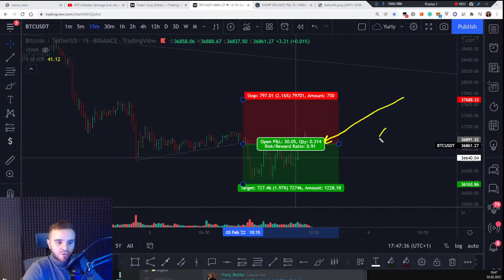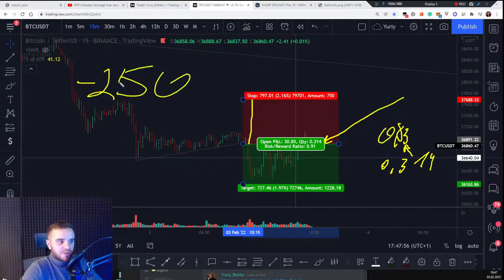That means in the first case we open short with 0.83 and at this moment 0.31. It is approximately 3 times this number, nearly 3 times bigger. But the same, if price hits stop loss, we lose in this case $250.